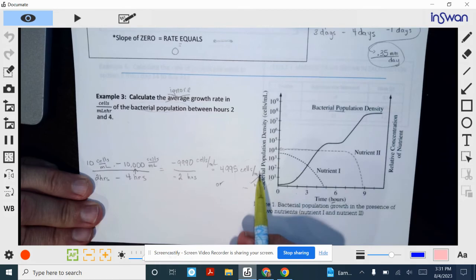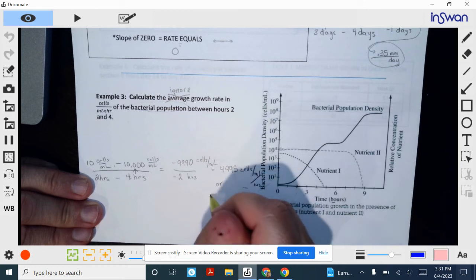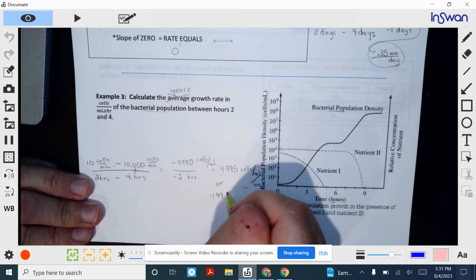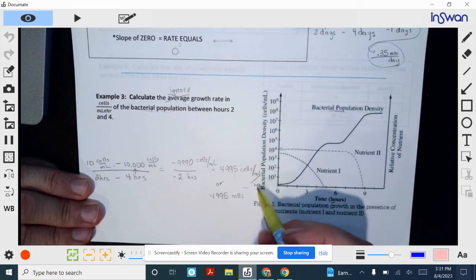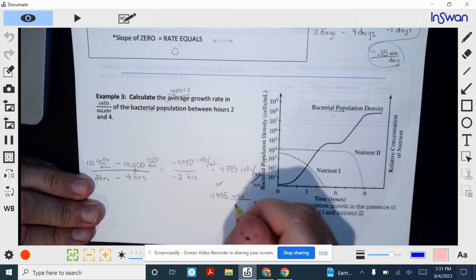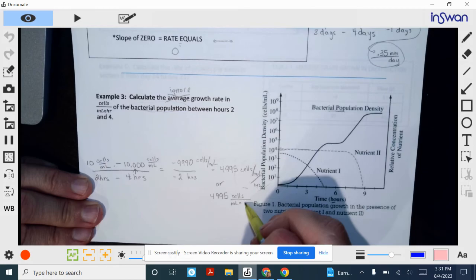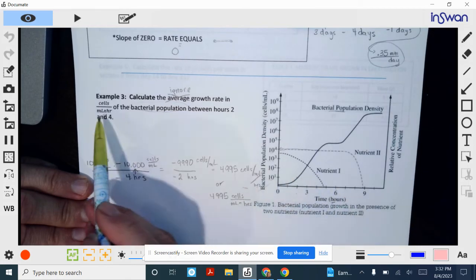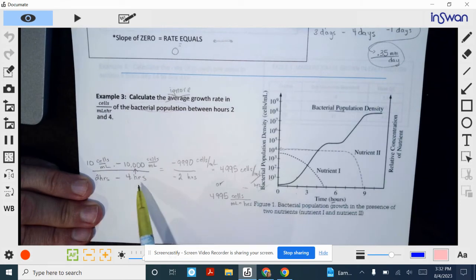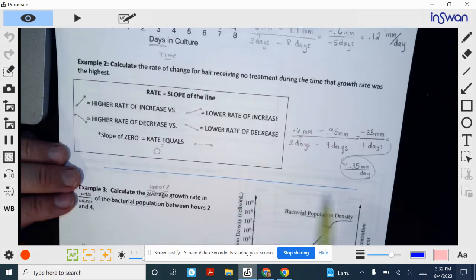So the fact that this is on the bottom of this line and this is on the bottom, you can actually also rewrite it like this. 4,995 cells, and these two are on the bottom. So you can actually put them both on the bottom. So you would write milliliters, and then you can put an X or a multiplication dot there, hours. Okay, that is exactly what we see here. Notice I didn't do this problem anywhere different than what I did up here. Okay, all right, moving on.